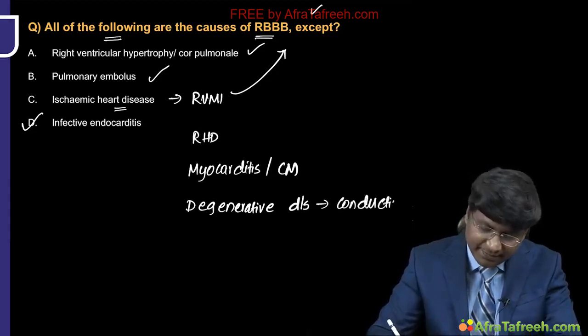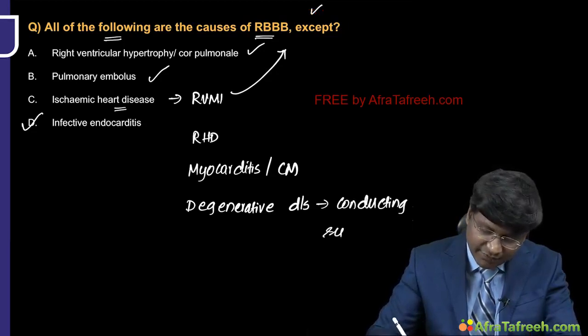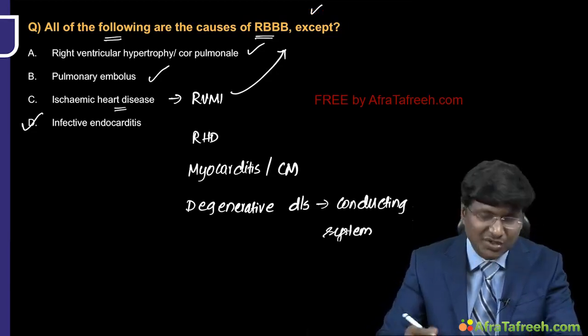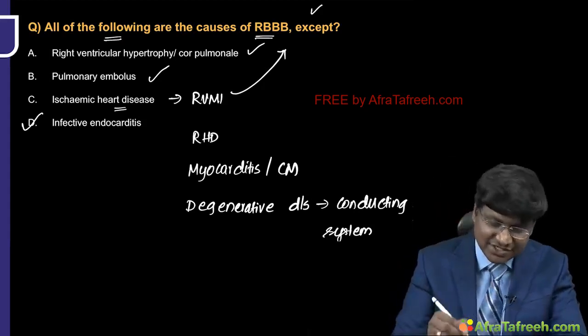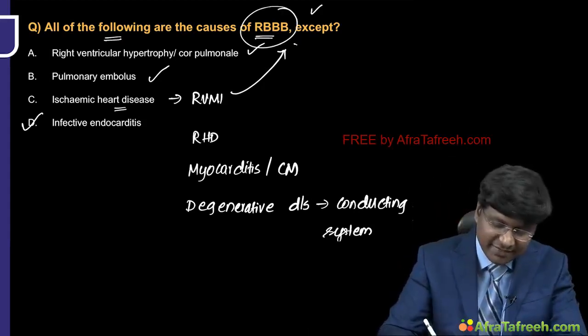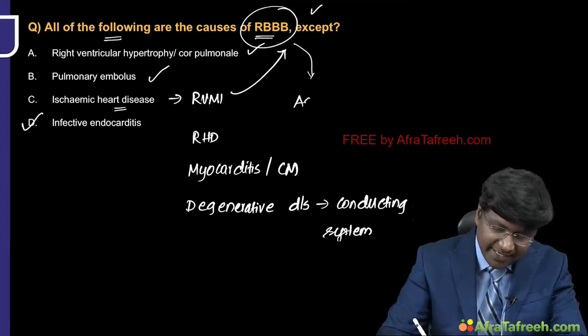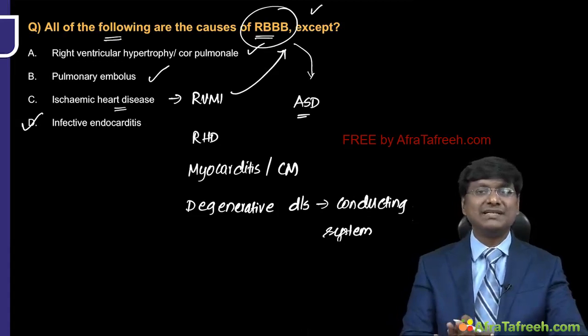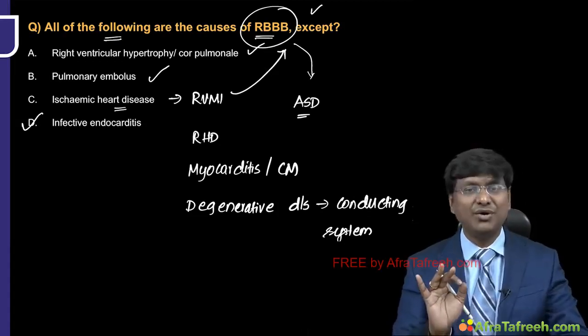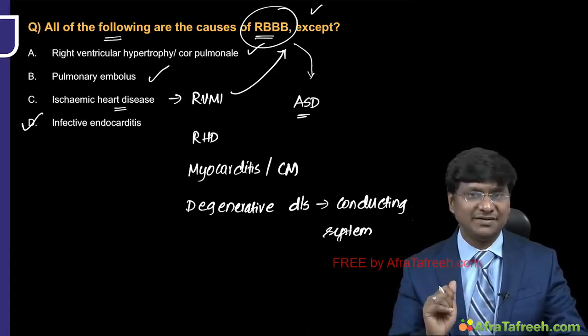And what are examples of degenerative diseases of the conducting system? That includes Lev's as well as Lenegre's disease. And the congenital disorder which will cause right bundle branch block is atrial septal defect. So these are the conditions causing RBBB where you will have a dominant R wave in lead V1, right?